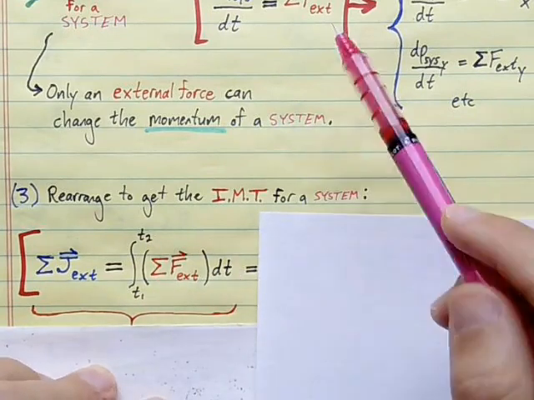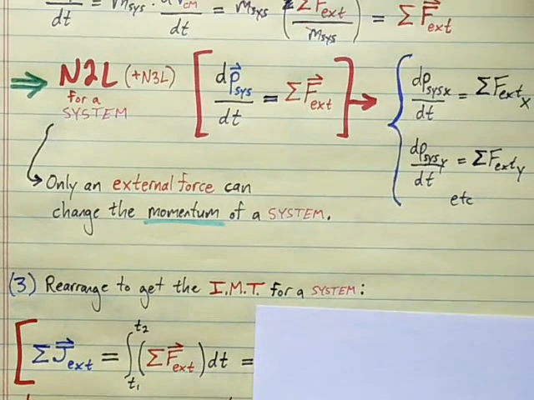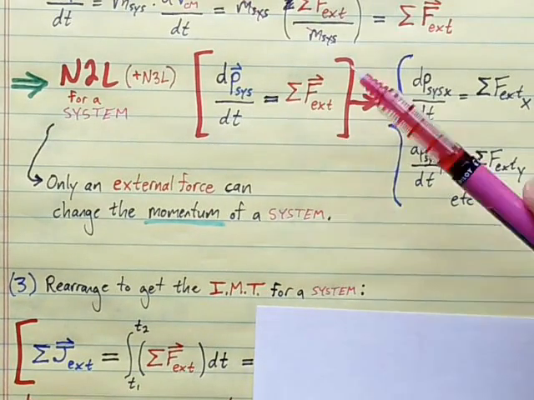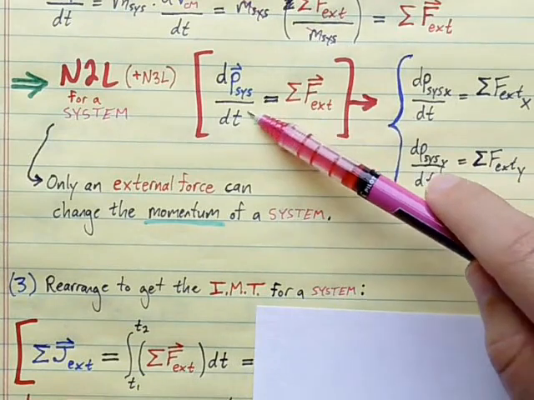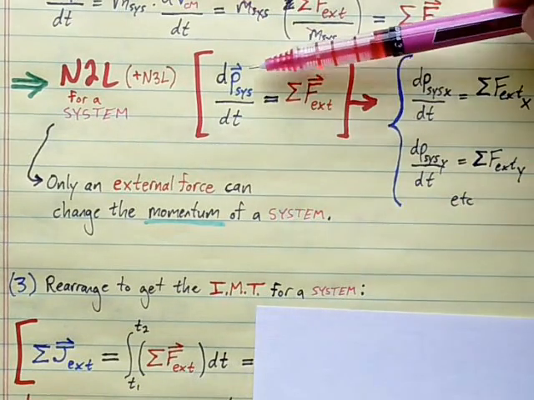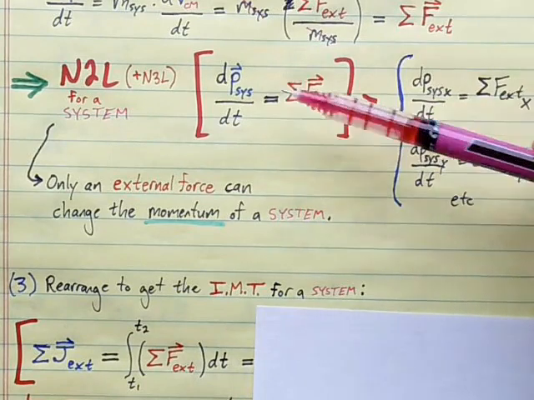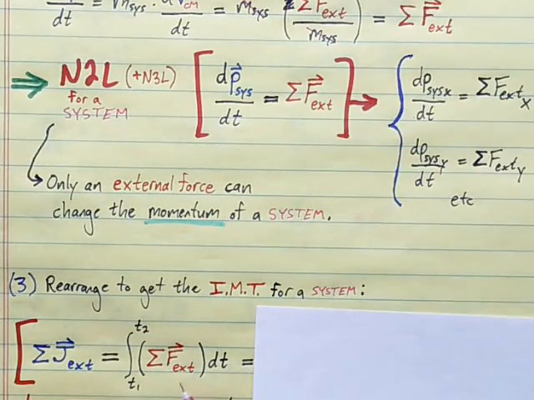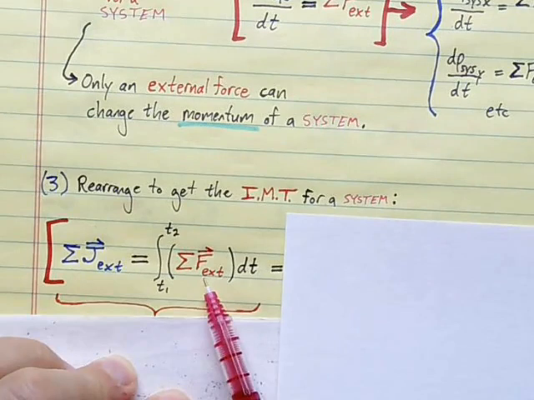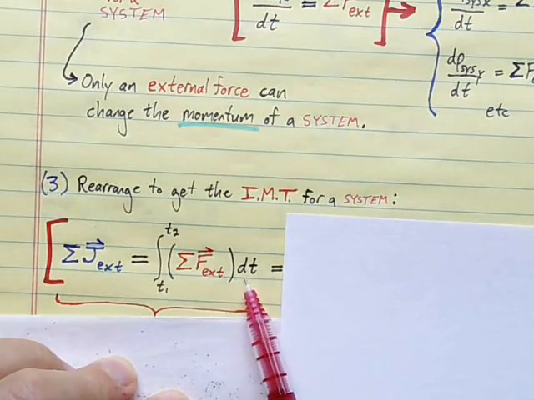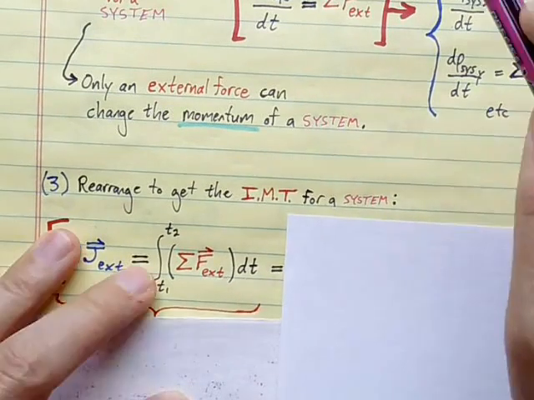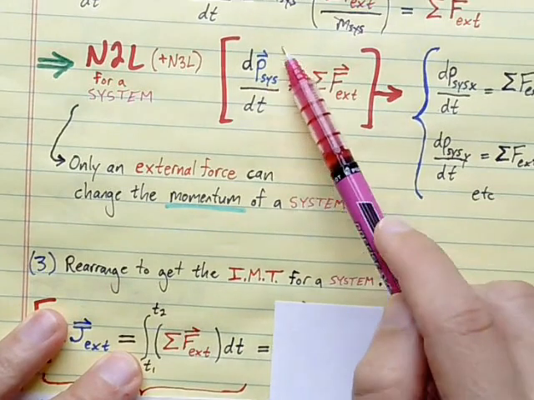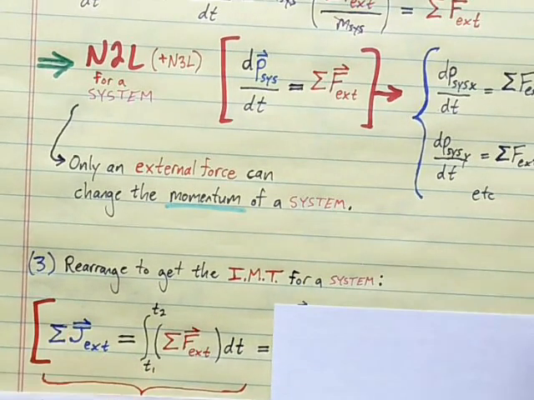And if we look at our N2L for a system up here, the net external force times dt equals dp_sys, a small change in the momentum of the system. So this says that if a net external force acts over a short time, that's going to affect a small change to the total momentum of the system. So this is dp_sys right here.